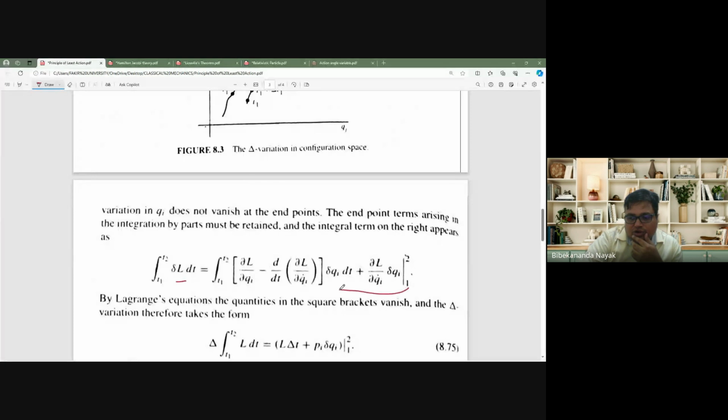We have already seen this equation when we derived Lagrange's equation from Hamilton's principle.